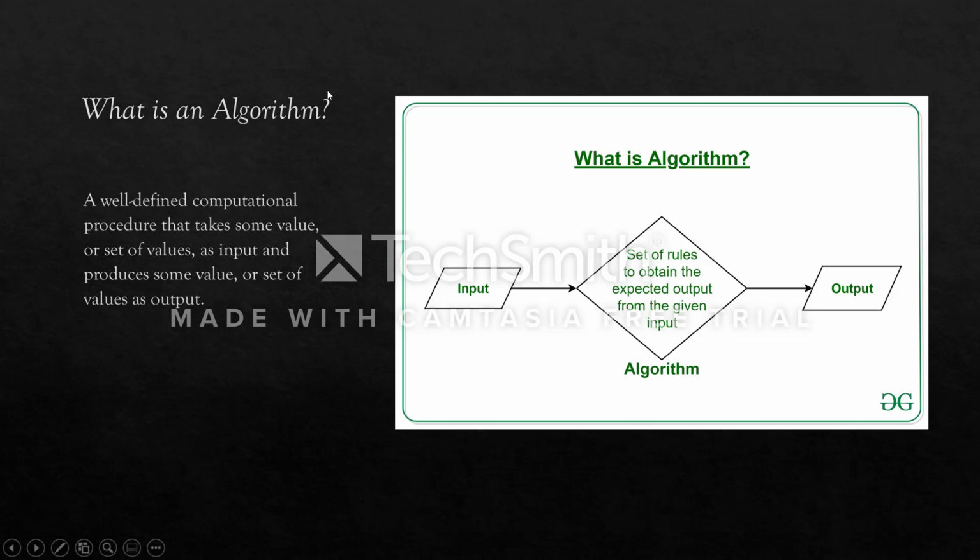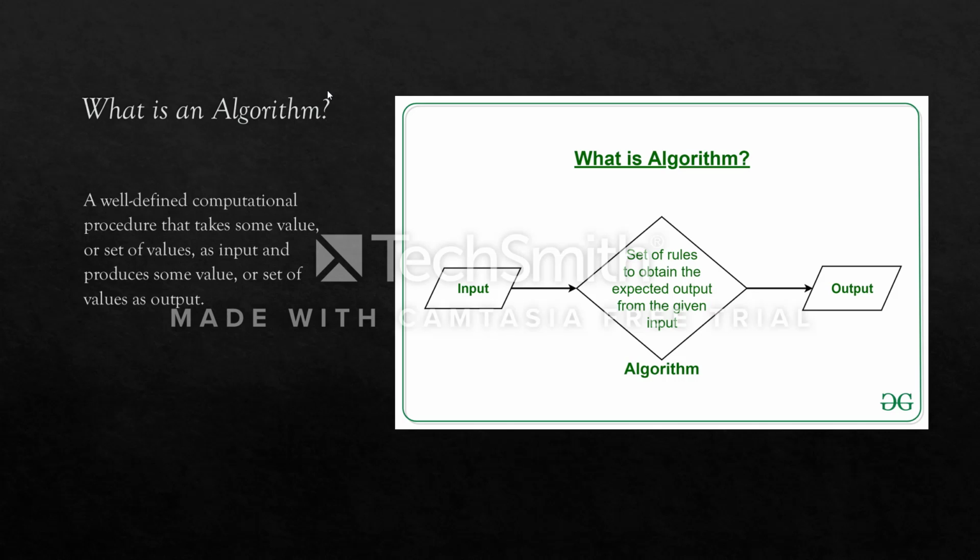So what is an algorithm? An algorithm is something like a computational task or a procedure which takes some input, performs some operations using the input, and produces an output. As most of you already know about things like a calculator or a computer.